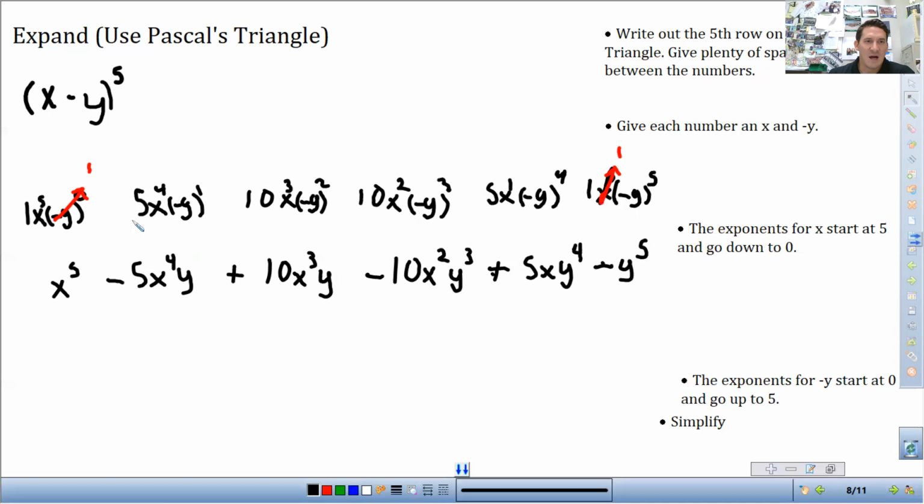Never mind, it just alternates. Just make sure you pay attention. Easy way to tell: an odd numbered exponent is going to make a negative. An even numbered exponent is going to make it positive, and that's when there's a negative there.